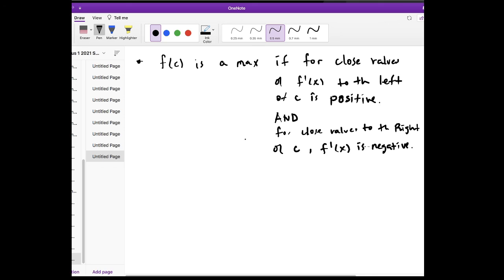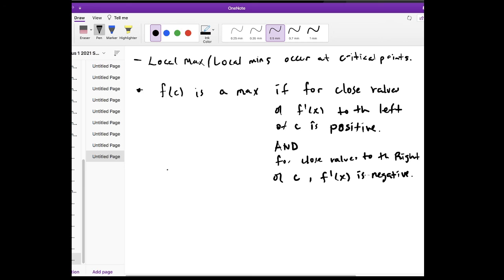Okay, so let's see that in a picture. If I have an interval where the derivative is positive, what do you know about the function? If the derivative is positive somewhere, what do you know about the function? Well, just derivative is positive. That isn't necessarily max, but if the derivative is positive, what does that tell you?